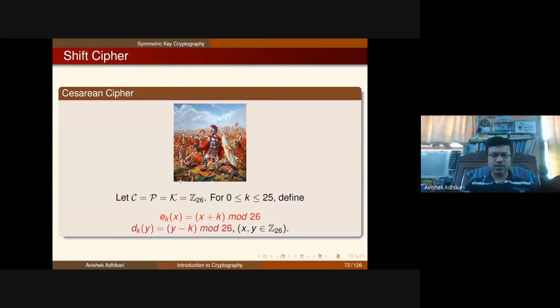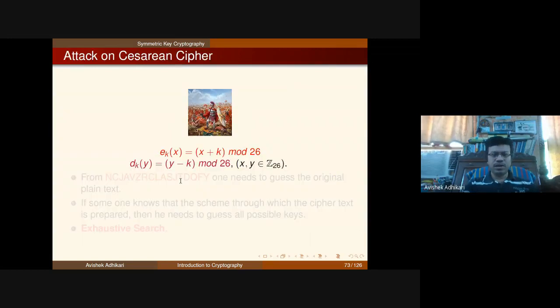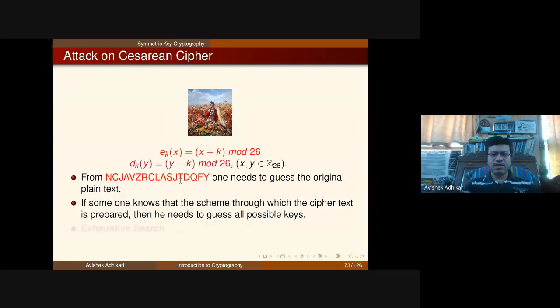Julius Caesar did it in a different way, but now with the help of group theory, you can explain the encryption and decryption function very easily. We have also checked how to attack it, and you have seen that within 25 or 26 tries, you can always break the scheme. One of the basic problems is that there are only 26 options. That is, the size of the key space was too small, only 26. That is why the cipher could be broken very easily.